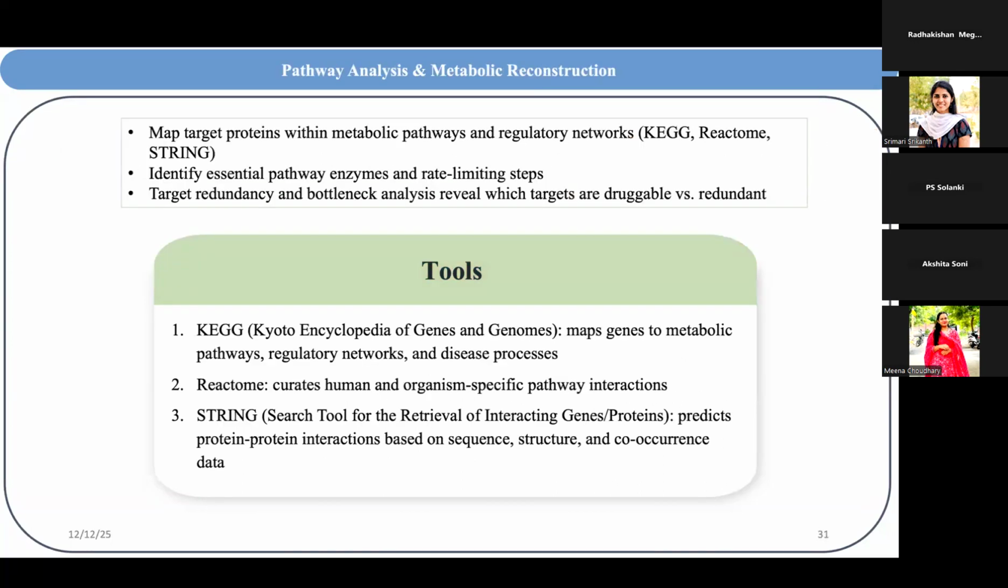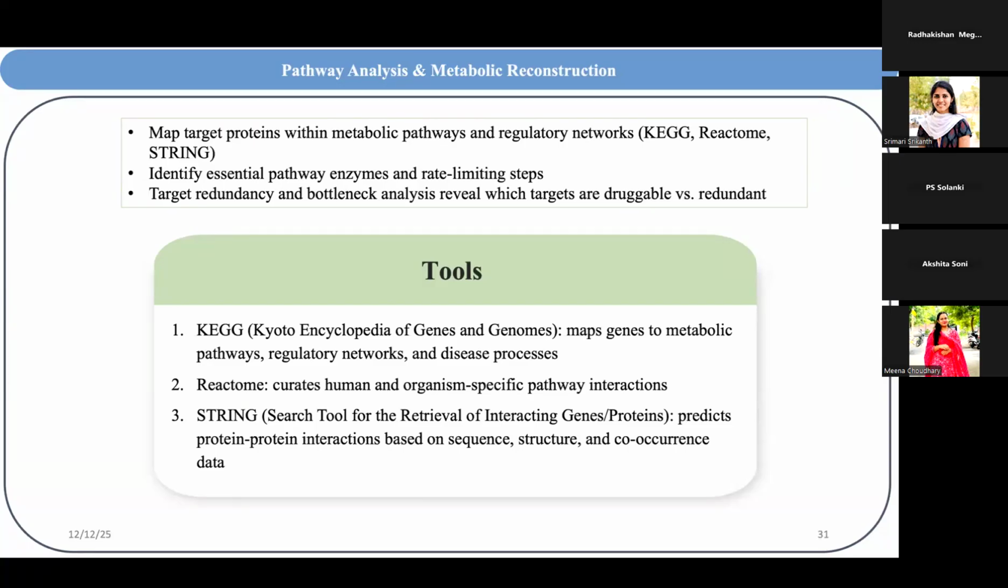Then pathway analysis and metabolic reconstruction. Once the targets are identified from sequence and functional domains, we should know where these identified targets come into play in the cells. Whether these targets fit into any networks or pathways, metabolic pathways, regulatory pathways, or other essential cellular processes. So where does this protein go and work? This is revealed by network analysis.